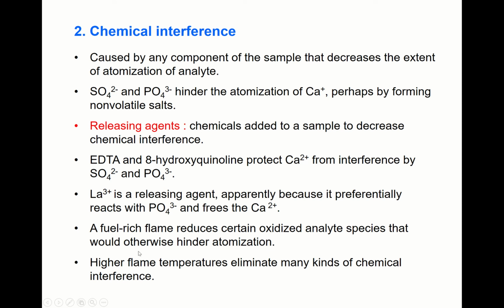So this is another way, using the fuel-rich flame. Also, a higher flame temperature eliminates many kinds of chemical interference. So to avoid this kind of chemical interference, simply increase the flame temperature. Under such a high temperature, almost every element can be atomized.